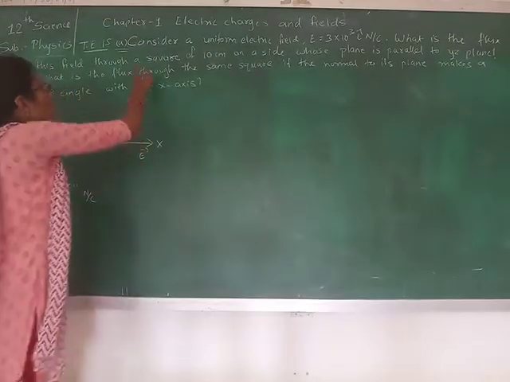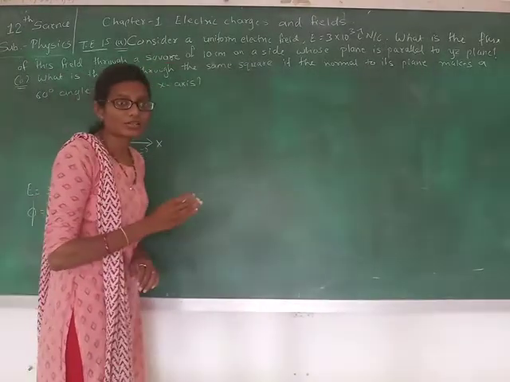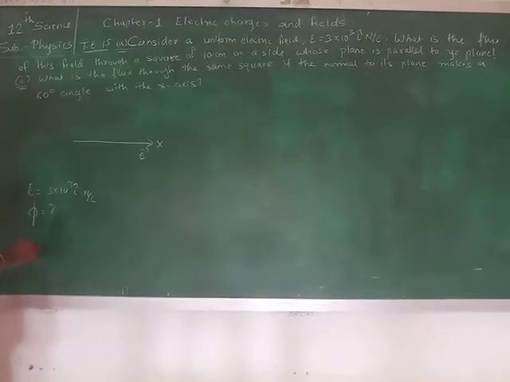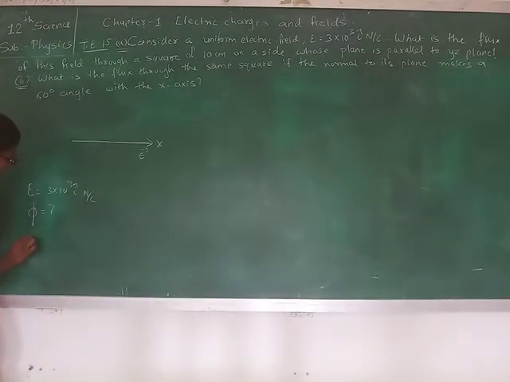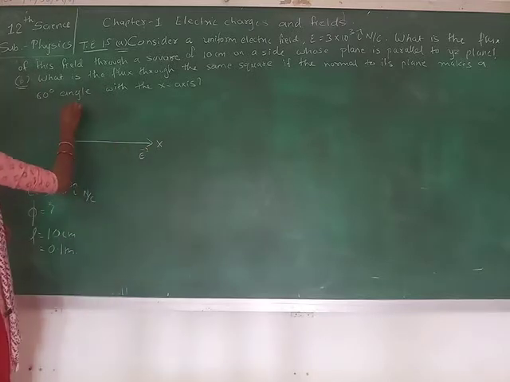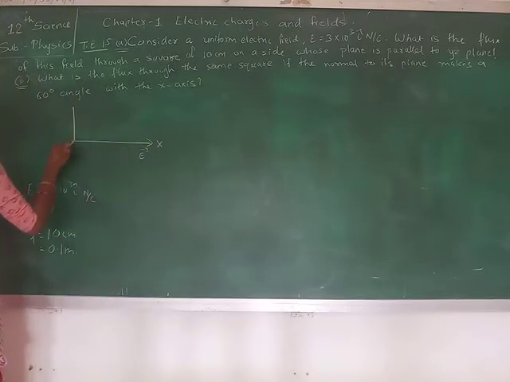That means we are considering a plane in the form of a square, and its side is given as 10 cm, that is 0.1 meter. Where is the plane? It is along the YZ plane.